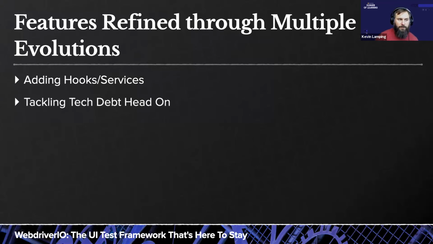The project has also tackled tech debt head on. In the version 4 to version 5 update, version 4 was kind of, I'd say maybe the preteen or teenager years of the project. And so it had grown to understand a lot of good things, but had some messy aspects to it.